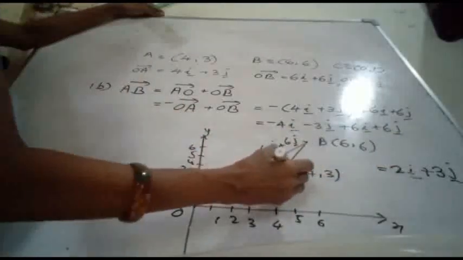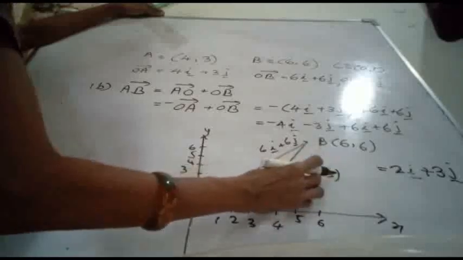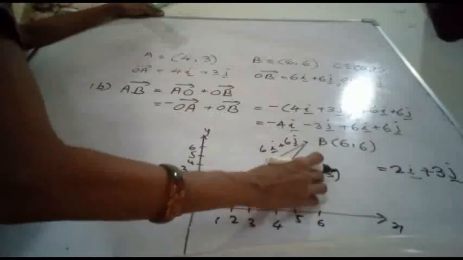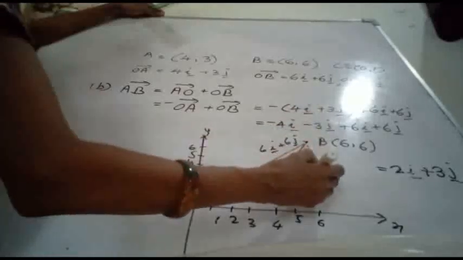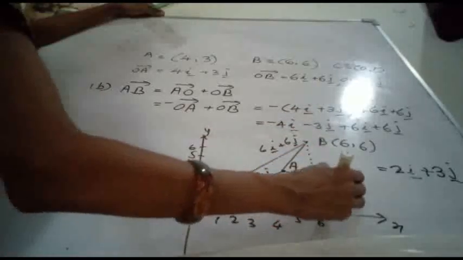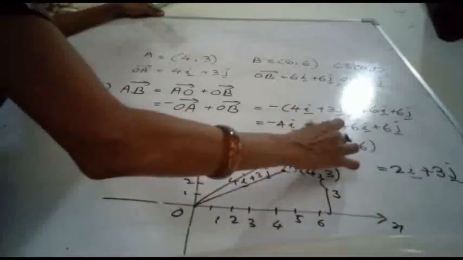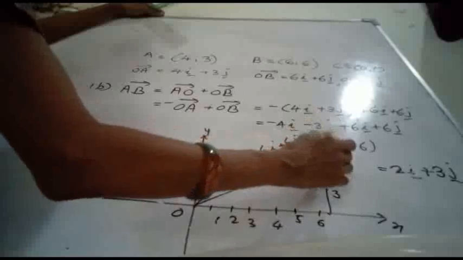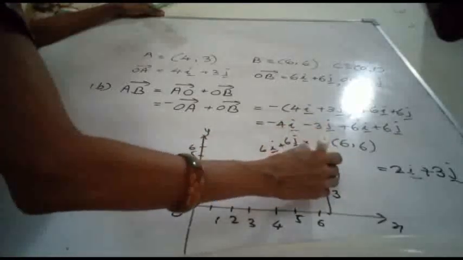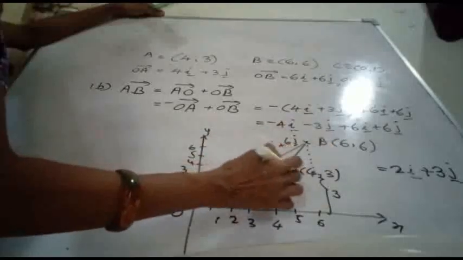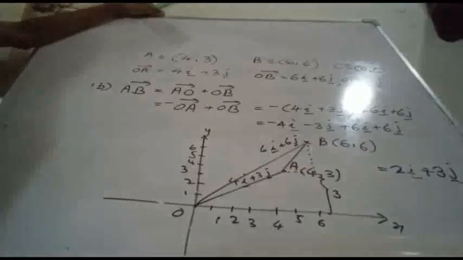Here there are 2 units and there are 3 units; the magnitude 6 subtract 3 is 3. Here 2i plus 3j. Understood?